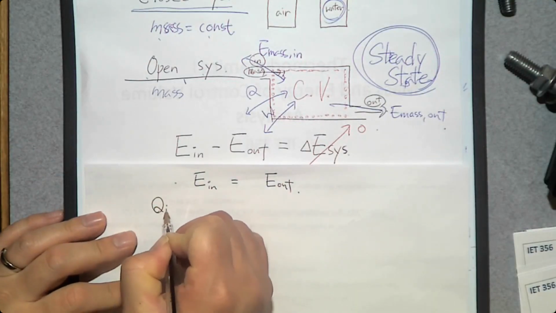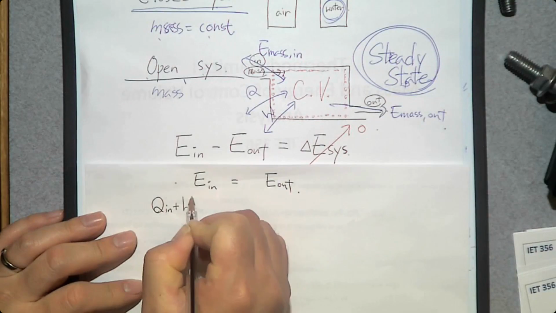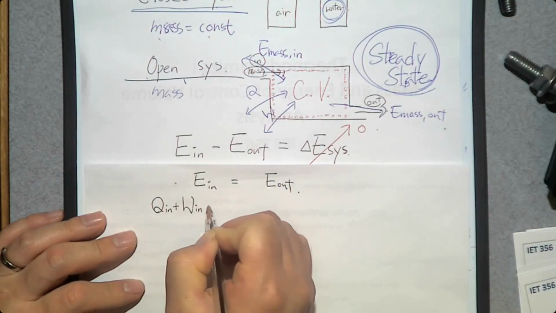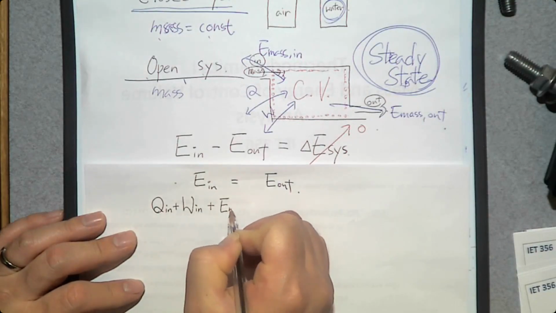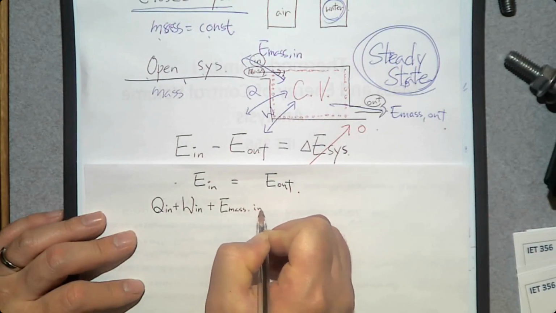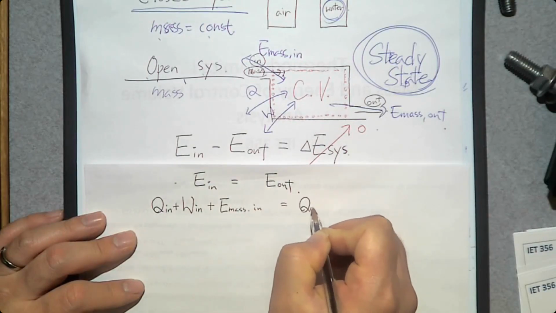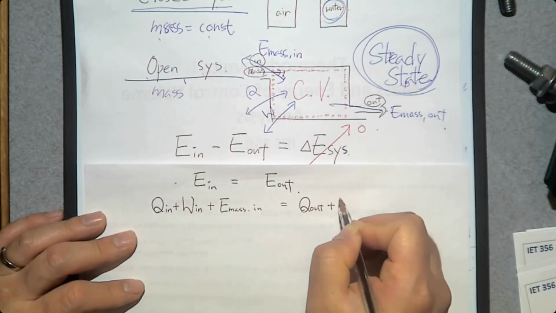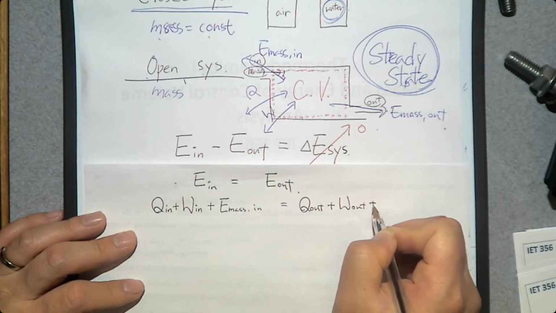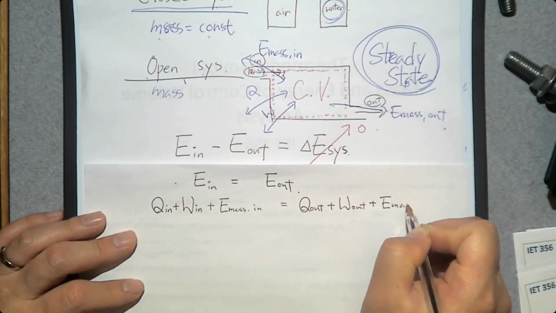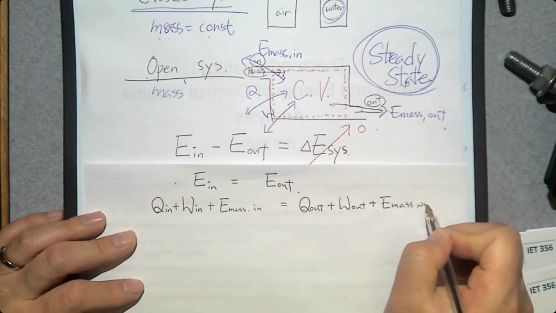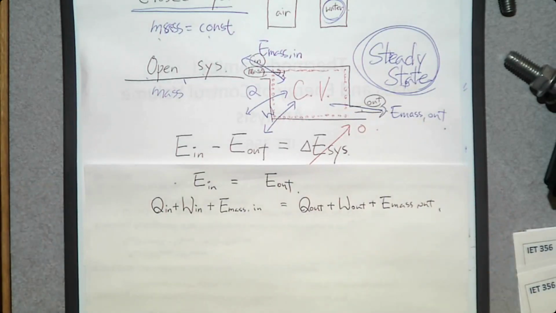So there's Q in, there's energy transfer by work in, and there's energy by mass that goes in. Q comes out, W comes out, and energy by mass at the exit leaves the control volume. So these are the terms of the energy balance equation.